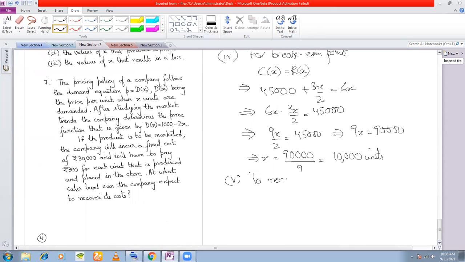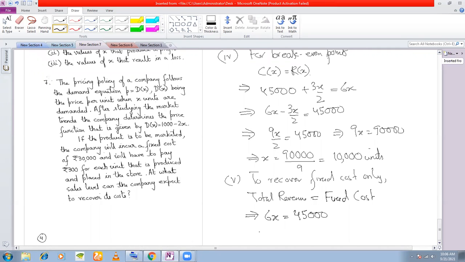To recover fixed cost only, total revenue must be equal to total fixed cost only. Total revenue is 6x. Total fixed cost is 45,000. Now you can get the value of x from here.